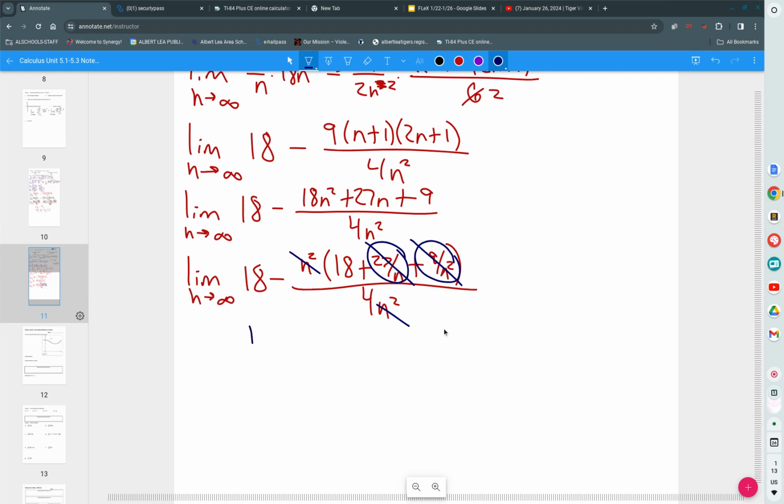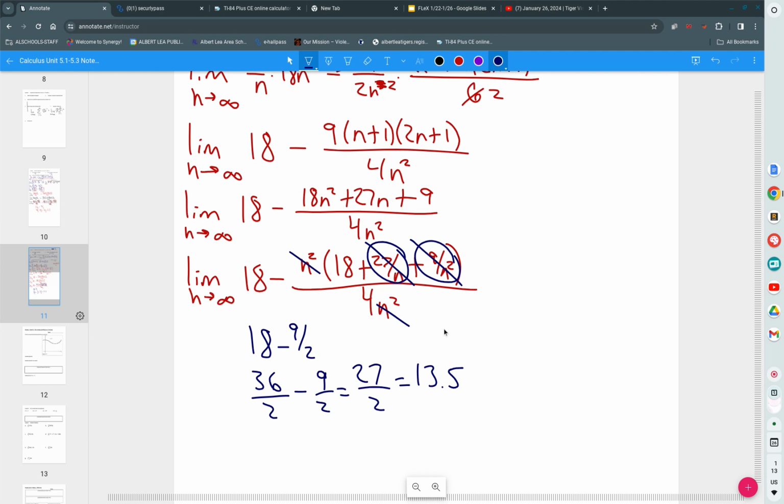And so we get 18 minus 18 over 4, which is 9 halves. 18 is the same as 36 halves minus 9 halves, which is 27 halves, or 13.5.